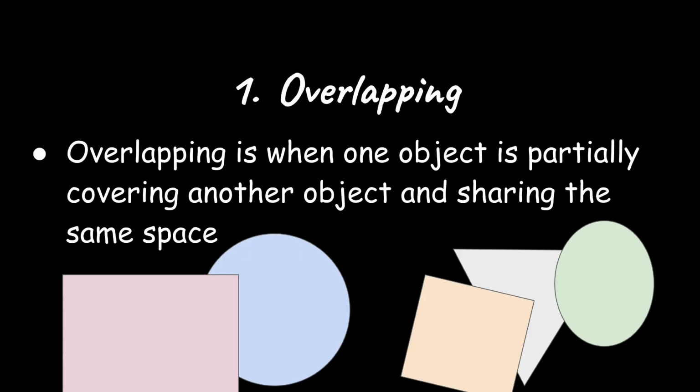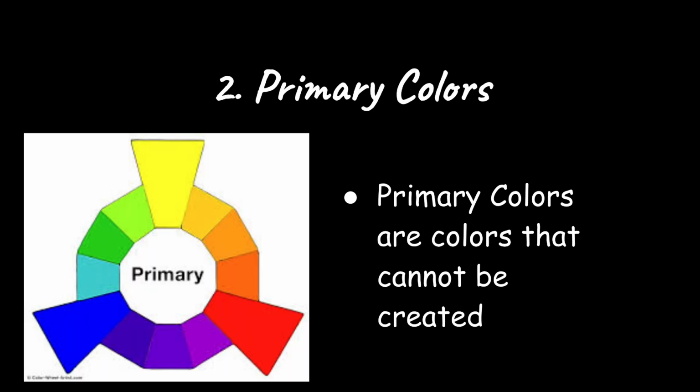Let's go over some vocabulary. Overlapping, as we just talked about, is one object partially covering another object and sharing the same space, just like how this rectangle is covering the circle and then covering the triangle. Primary colors are colors that cannot be created, such as yellow, red, and blue.